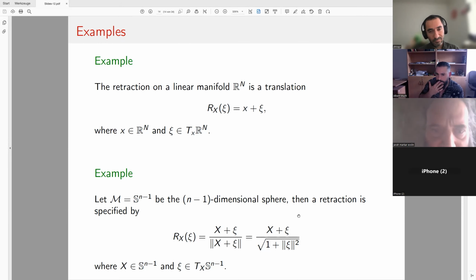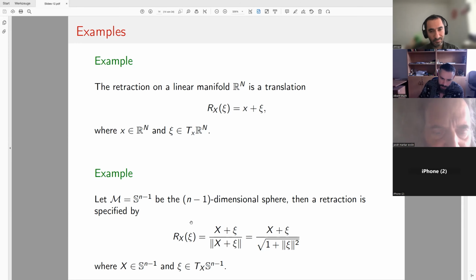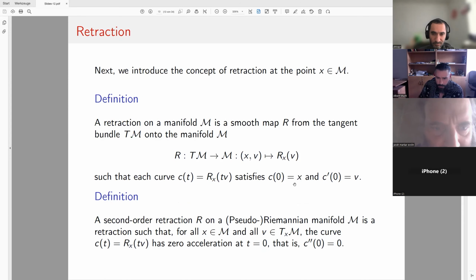I should mention that I literally define the retractions as a group, and the composition defines the group because the composition maps are associative, and Rx of 0 is x.